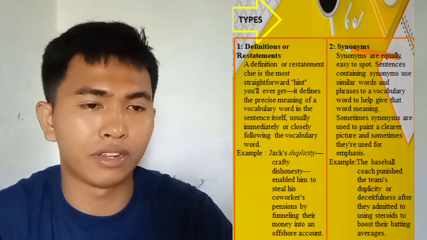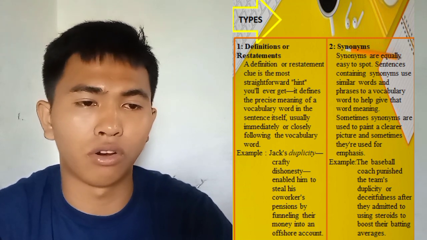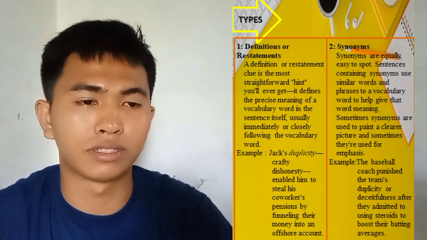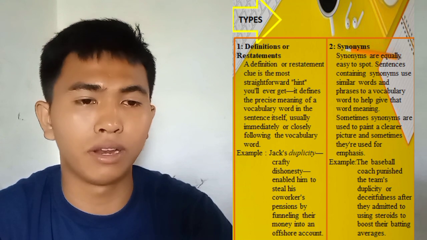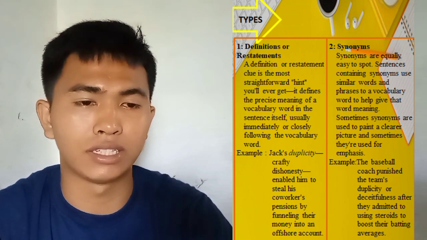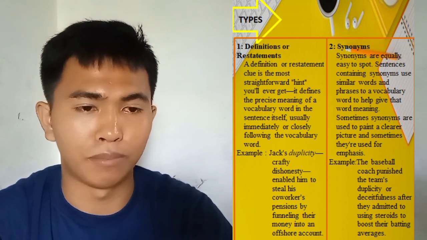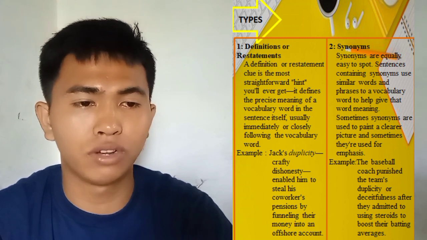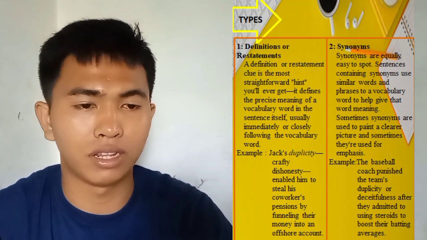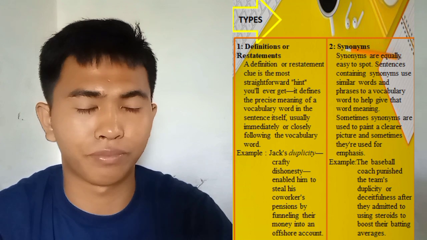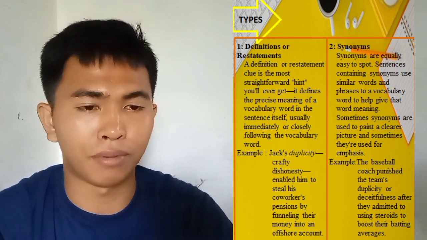The definition or restatement clue is the most straightforward hint you will ever get. It defines the precise meaning of a vocabulary word in the sentence itself, usually immediately or closely following the vocabulary word. Let me give you an example.